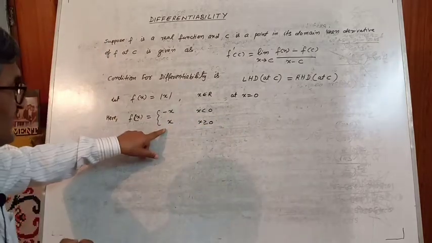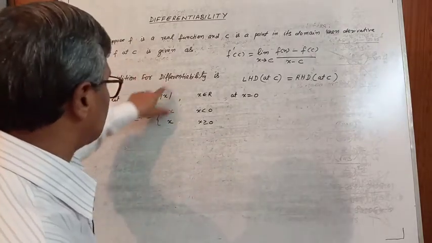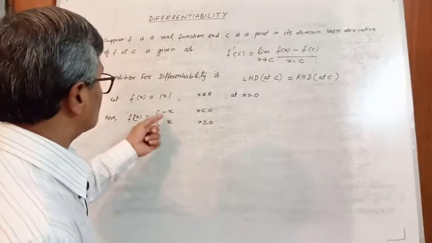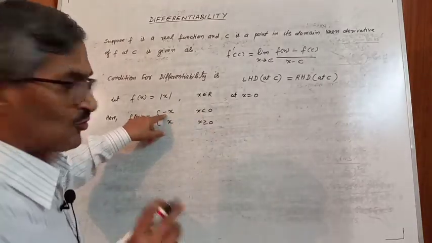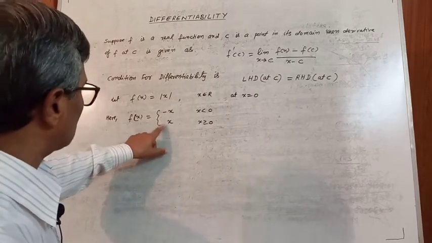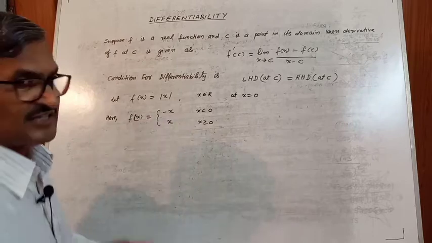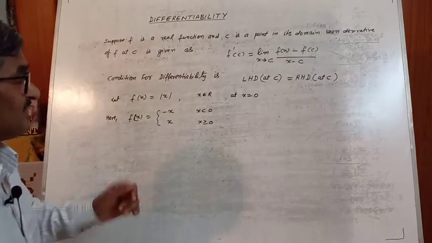This is the definition of the modulus function. The result of modulus x must always be positive. So if x is negative, you have to put the minus sign here, and if x is positive or 0, we need not put the minus. Now we are going to check the differentiability.